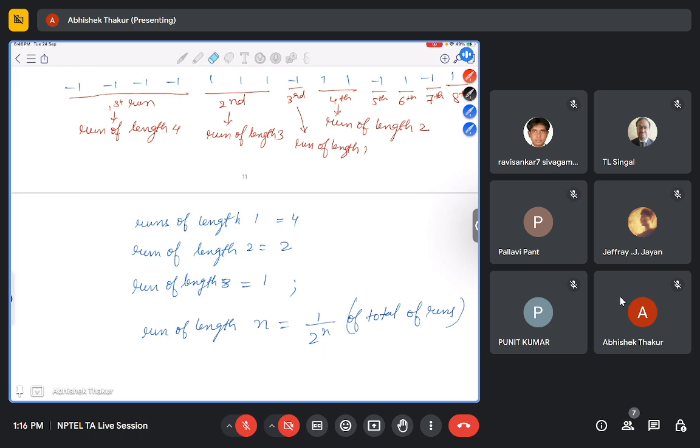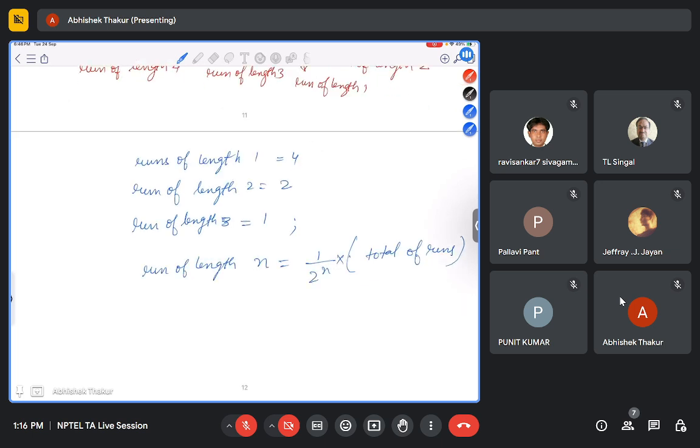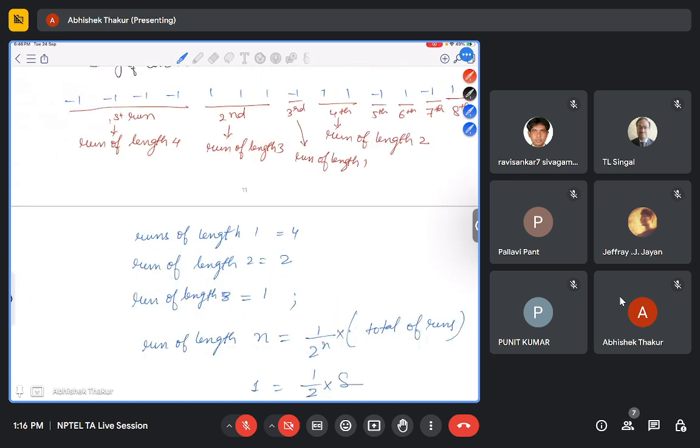So we can directly multiply it. Now run of length 1 is equal to 1 by 2 into the total runs, which is 8. So we will get 4.